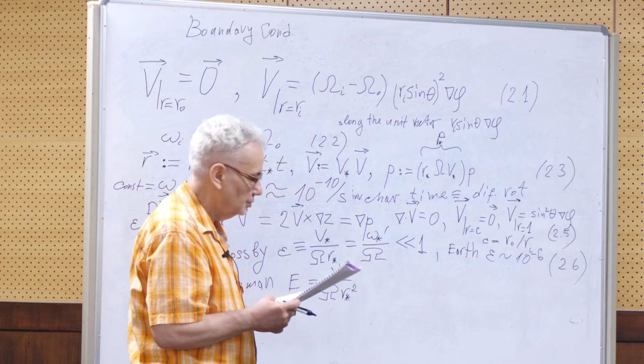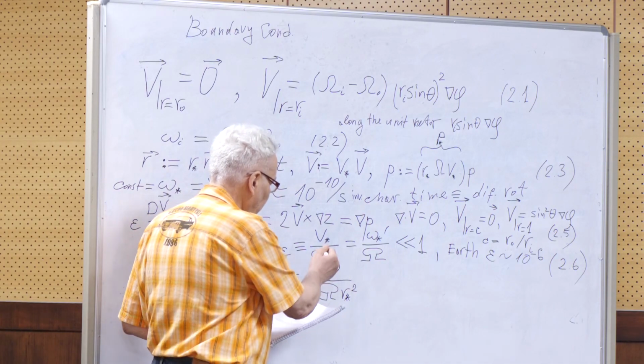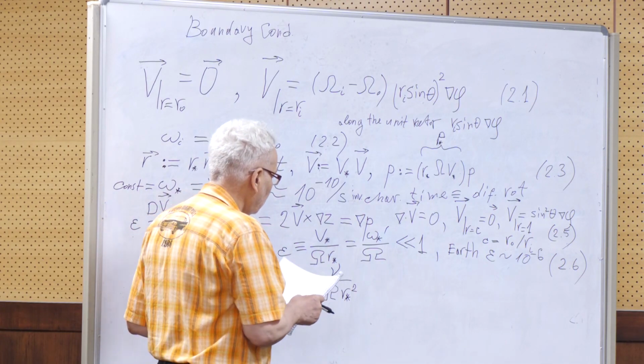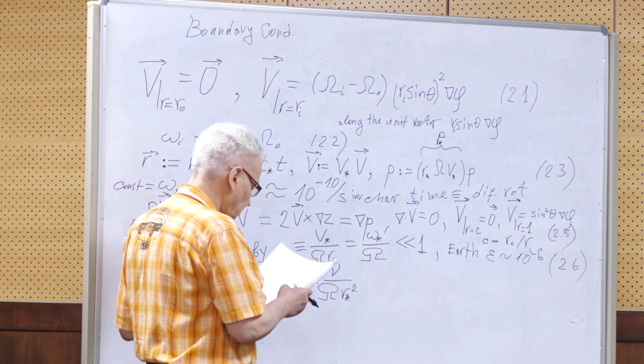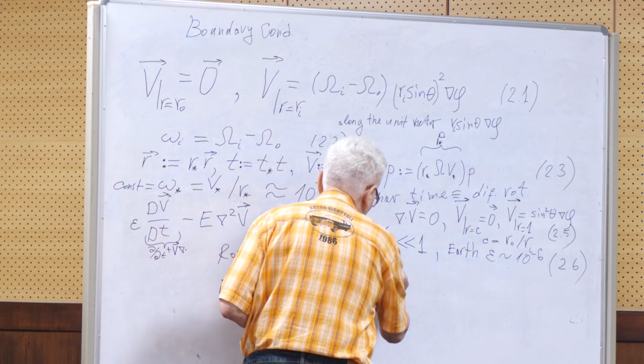In this case, it's the radius of the inner core. And actually, we relate these both, and then you see that it is again much less than 1.